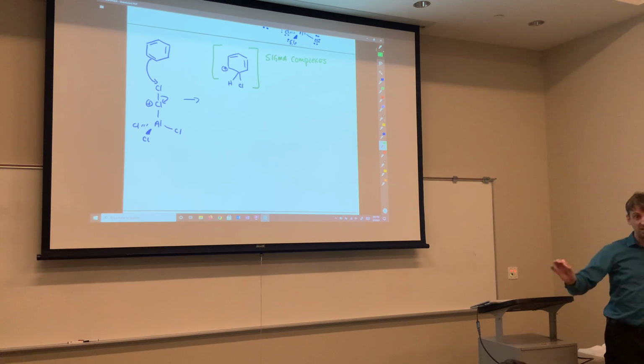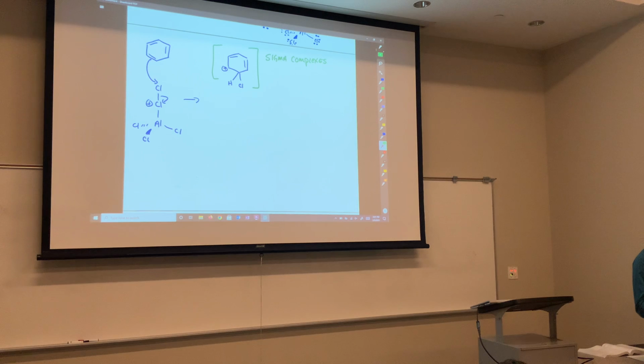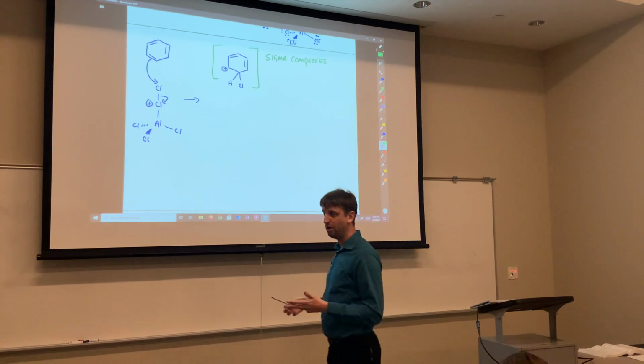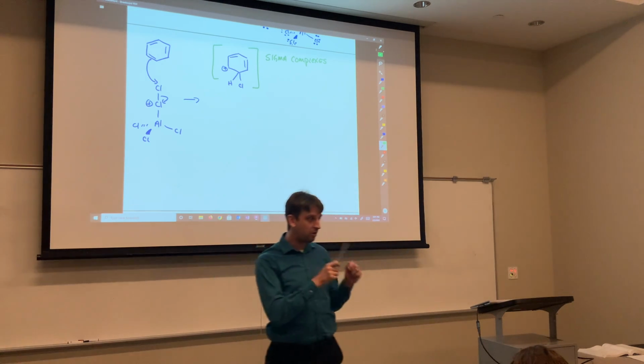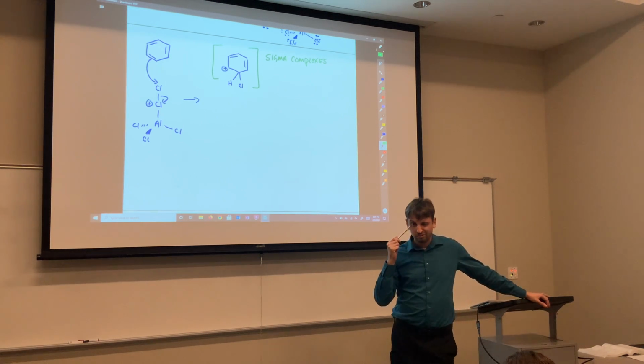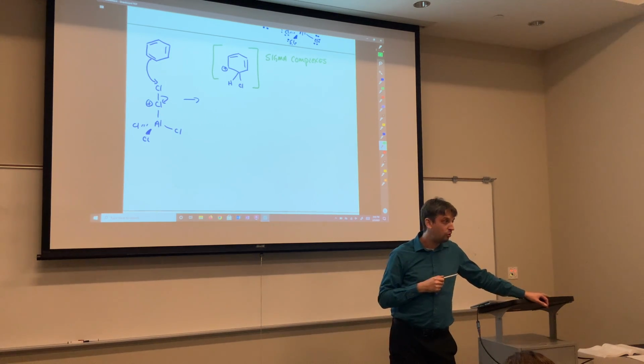Do we have to treat this any differently than what we've treated carbocations before? Nope. That's it. We just have to make sure that we draw the resonance structures, and after we draw them, what do we have to do? Look, right? And after we look, we go.